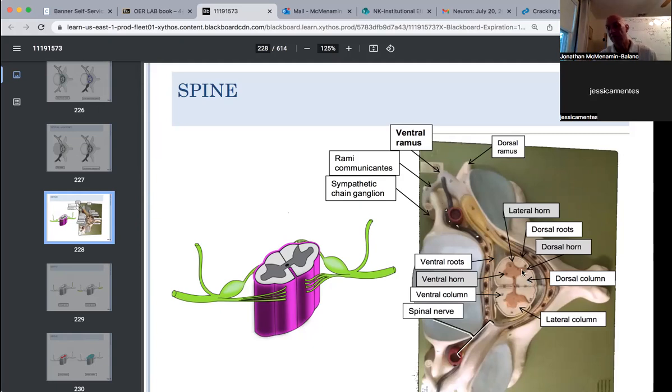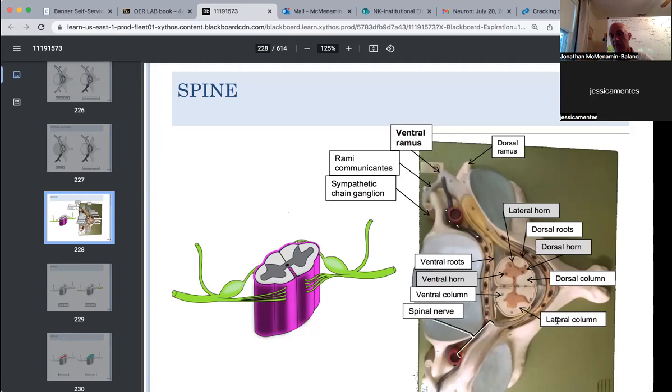You can see that we have specific names for the horns, and you'll see dorsal as well as ventral horn. Ventral will be the anterior surface, dorsal will be the posterior. You'll see the columns are areas that are whitish in nature, or in this case, gray. The significance here is that they either have a large amount of myelination or a very small amount of myelination.